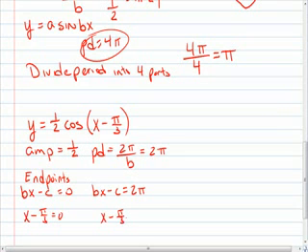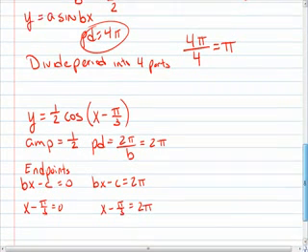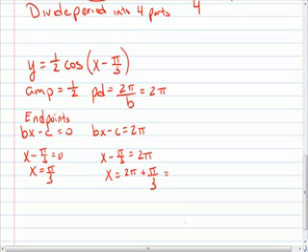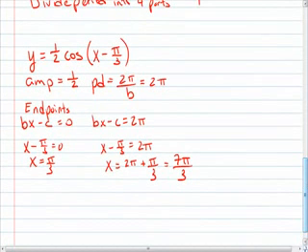You're going to set x minus pi over 3 equal to 2 pi, and we're going to find values of x where the period begins and ends. So in this case, x is pi over 3, and over here x is 2 pi plus pi over 3, which would be 6 pi over 3 plus 1 pi over 3 would be 7 pi over 3. So it begins at pi over 3 and ends at 7 pi over 3.